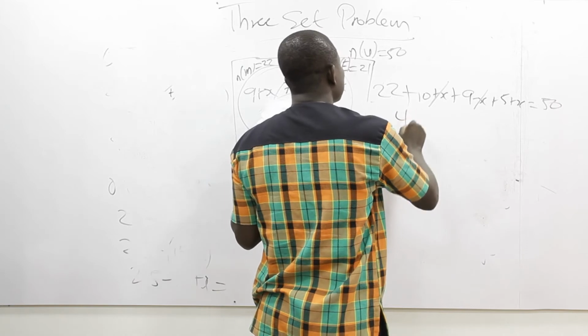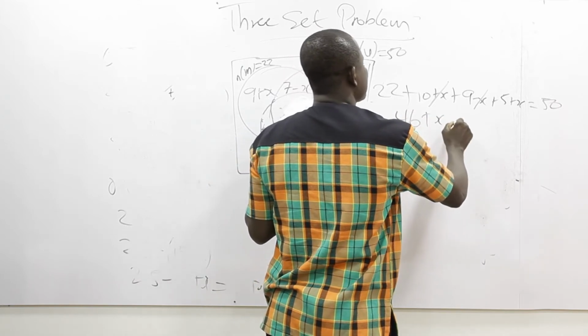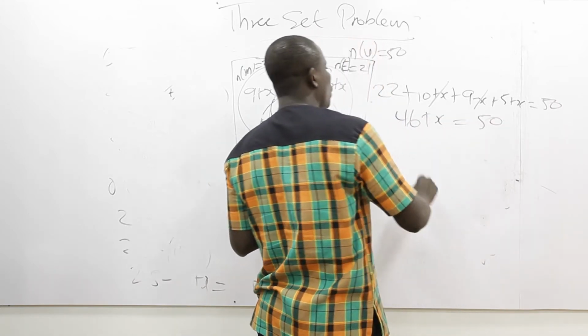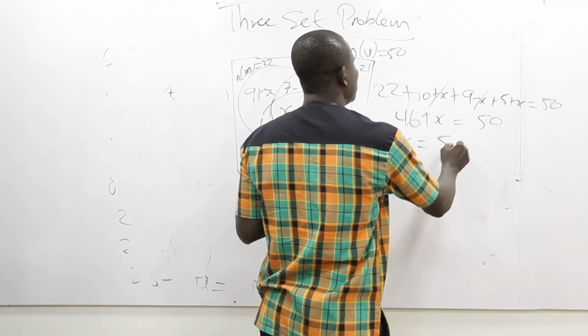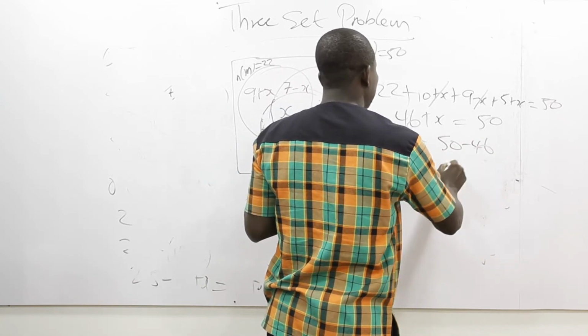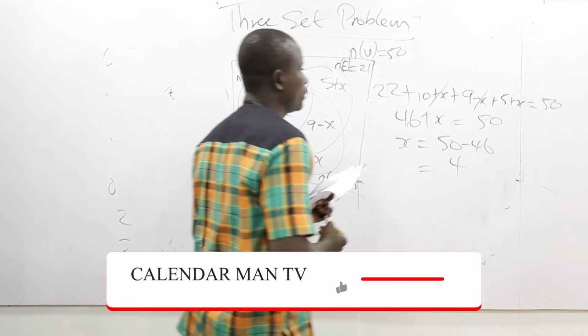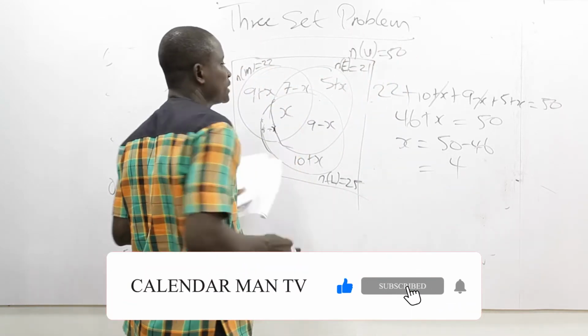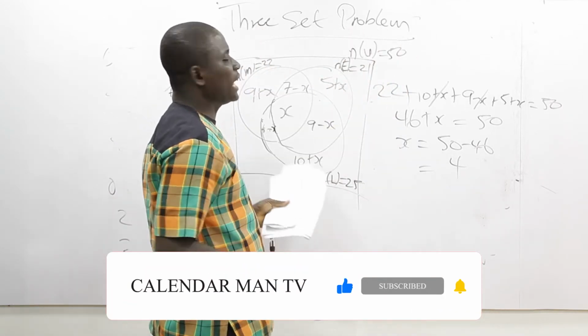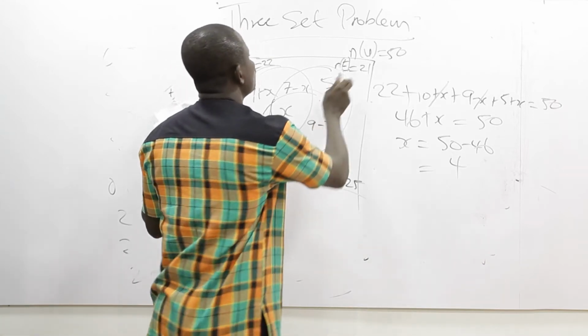So I'm having 46 plus x is equal to 50. So x is equal to 50 minus 46, and that will give you 4. So x here is 4.